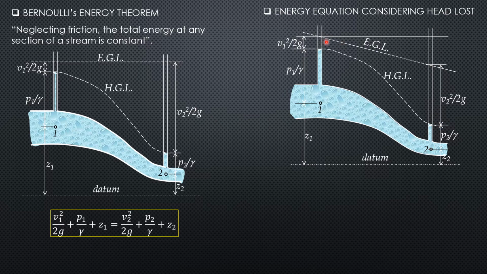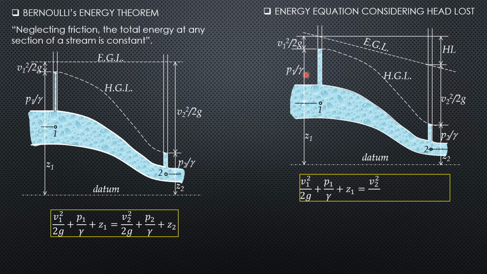Then the drop in the energy grade line, the distance between the energy at point 1 to the energy at point 2, is called the head loss, denoted by capital HL. So the energy equation would become velocity head at 1 plus pressure head at 1 plus elevation head at 1 equals velocity head at 2, pressure head at 2, elevation head at 2 plus the head loss, so that they are equal.